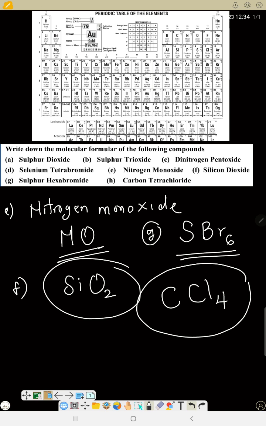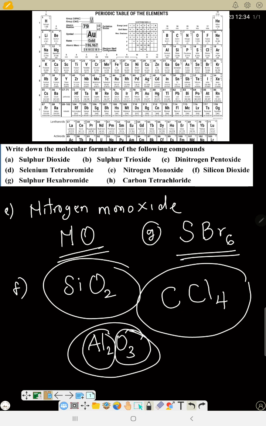So if you are naming non-metal and non-metal, we are using di, tri. From the beginning we started with metal and non-metal. If you are naming metal and non-metal, you don't need subscripts, just like aluminum oxide. This is metal, this is non-metal, I don't need any subscripts, I'll just call it aluminum oxide.